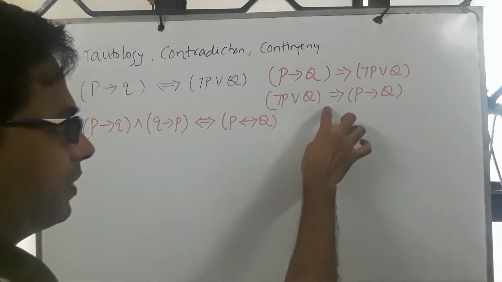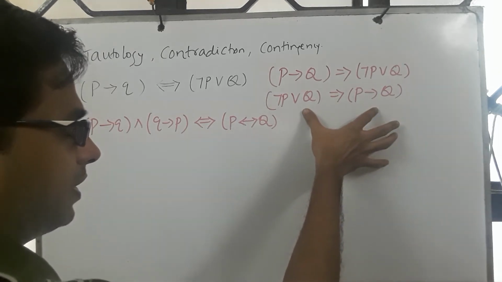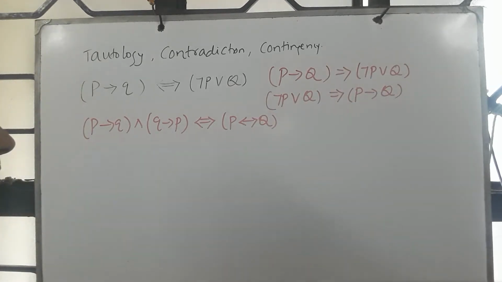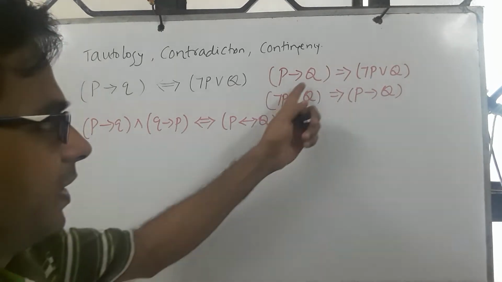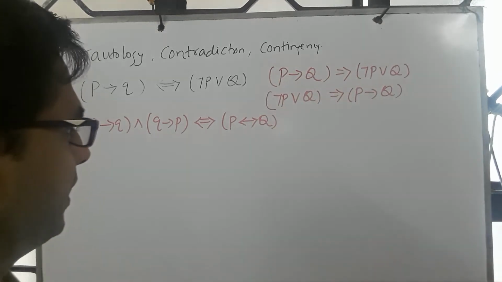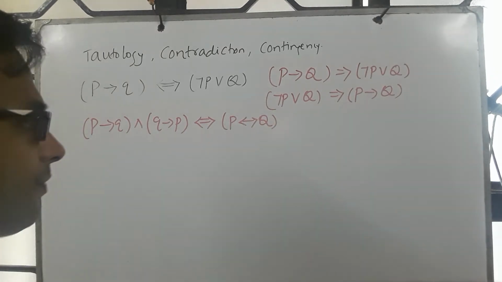And if a single implication, which is a conditional expression, is a tautology, then we write using implication. If both A implies B and B implies A are true, then A and B are equivalent, or A biconditional B is a tautology. Okay.